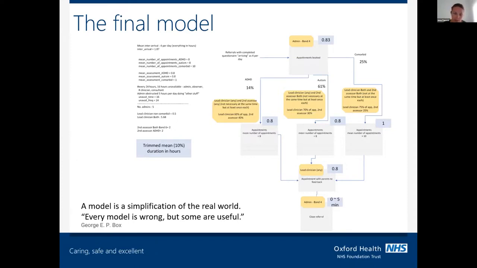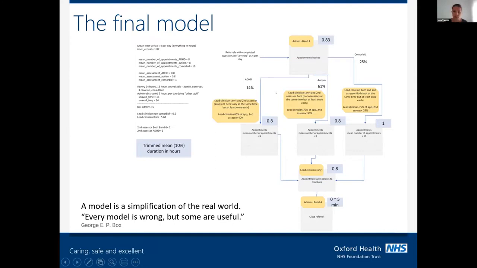In blue, we have the trimmed mean in hours. Then we have the split if it's ADHD, autism, or comorbid. If it's ADHD, after the appointments are booked, there's an average of 8 appointments that each last about 40 minutes. After that, there is a final appointment with parents to give feedback and close the referral.